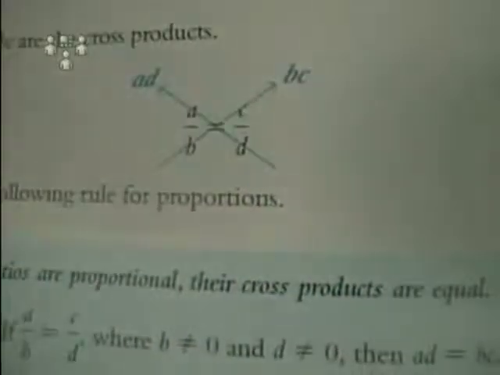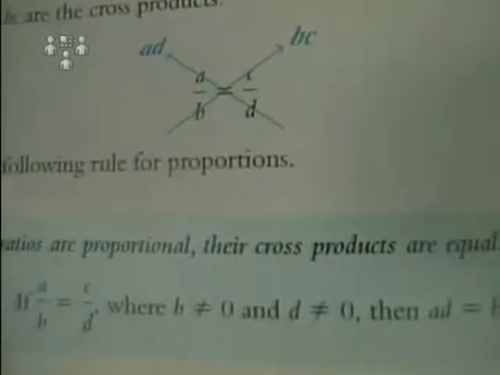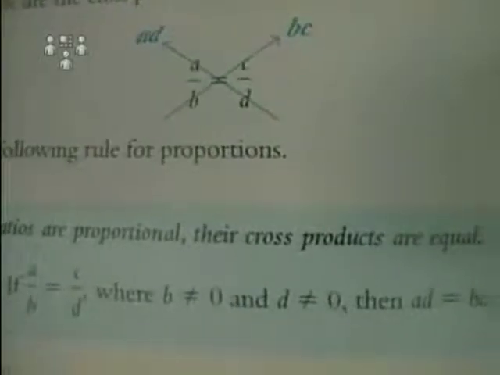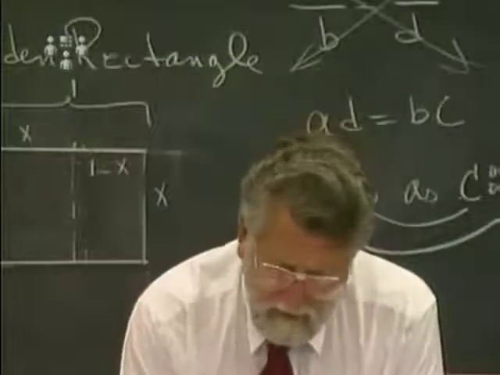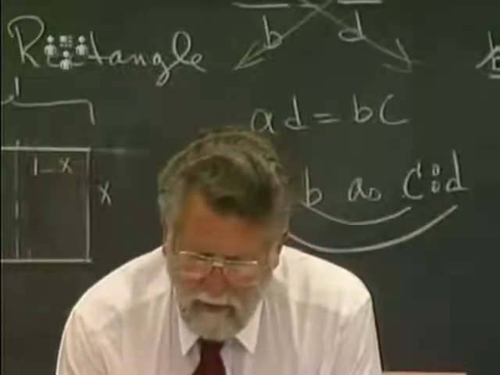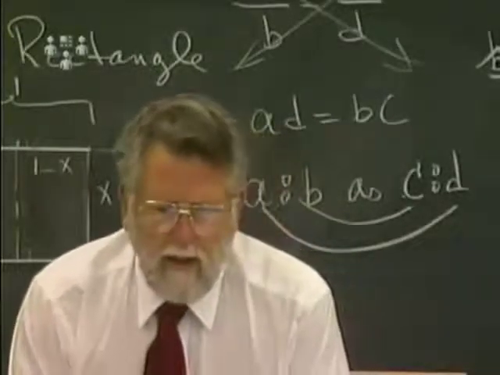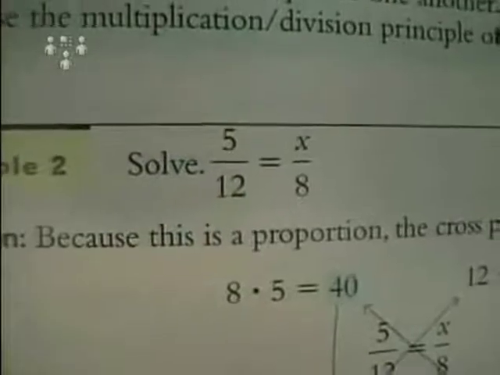Here is the cross product of the proportion A over B equals C over D. And so we talk about solving a proportion. Okay, so I have A over B equals C over D. We know to take the cross product. And I'm going to come off there for a moment, and I'm going to do a really non-subtle segue here for a moment. And I'm going to put this problem in context.